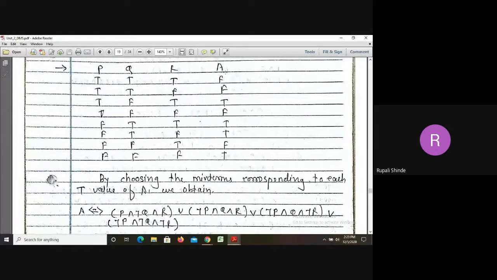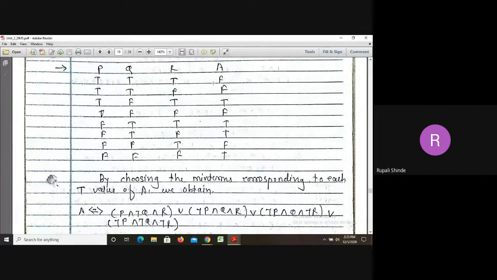So how can we obtain PCNF? For that purpose, we have to observe where we have written F in the last column. So check here, 1, 2, 3, 4. At 4 places we have written F, and for each and every F we have to observe what the values of P, Q, R are.